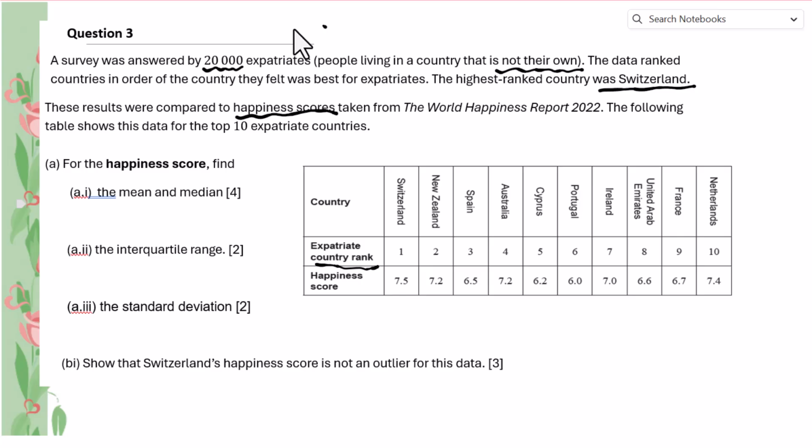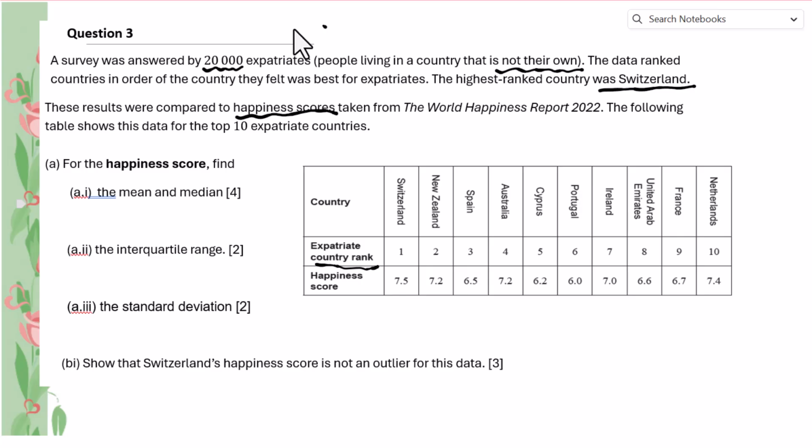From this table, you could see the expatriate country rank and happiness score for each country. For the happiness score, find the mean, median.